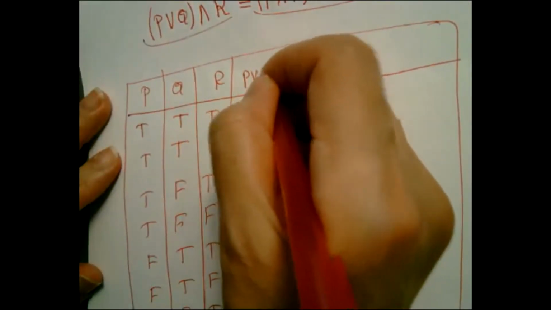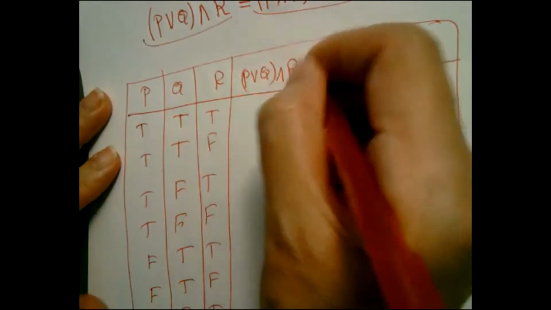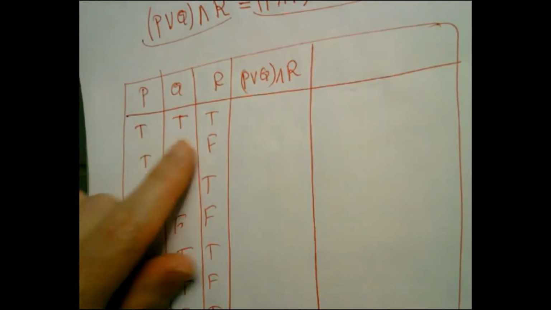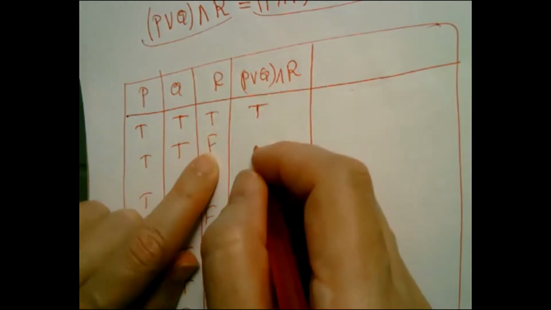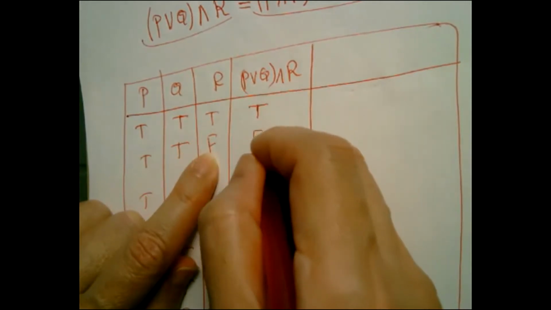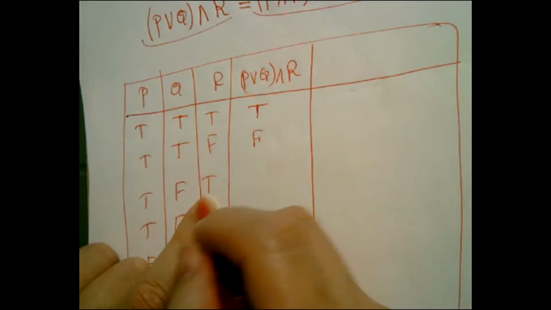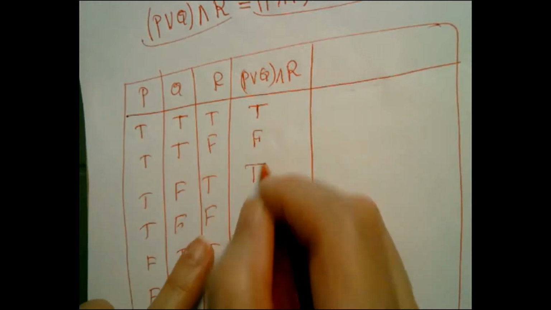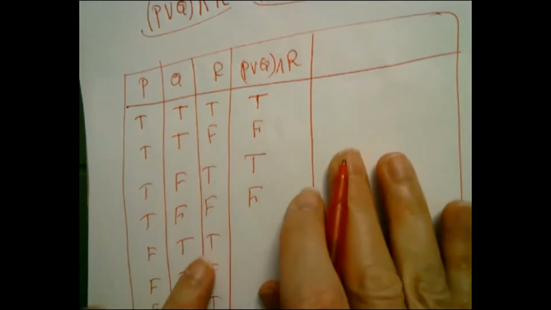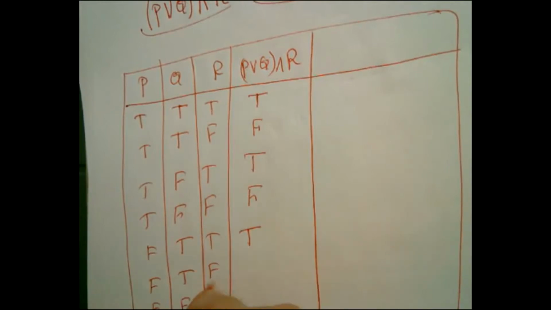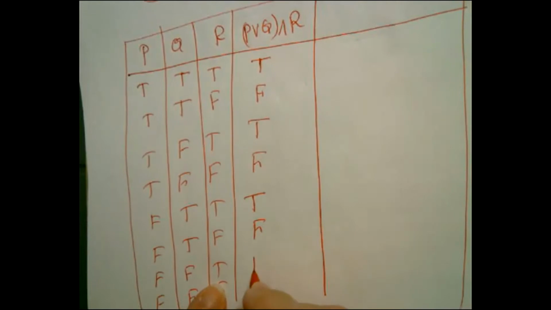Now P or Q and R, I will pick up the one we did and not do it again. This was true, granting I didn't make mistakes over there. This one was false, of course, because R is false. This one is true for sure. This one is false because R is false. This one is true. This one is false. And this one is false, and this one is false.